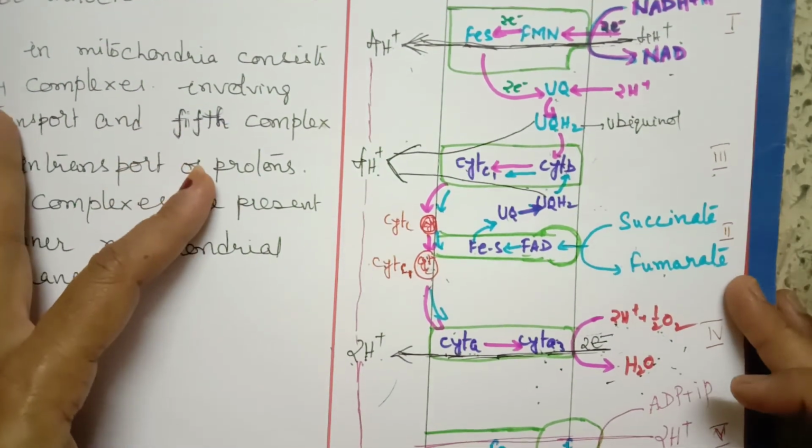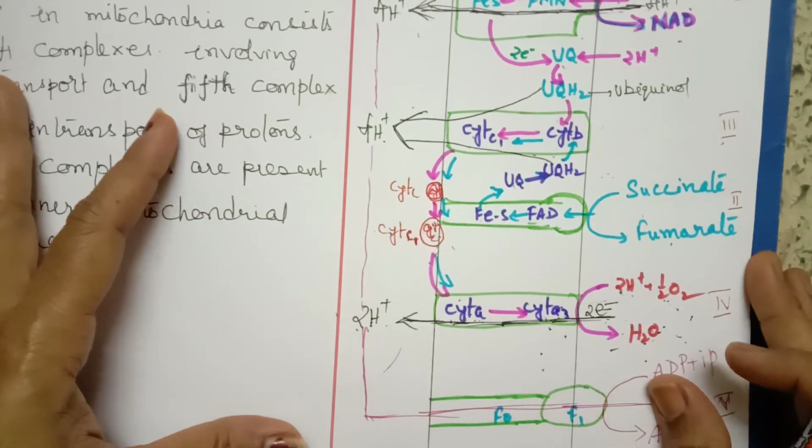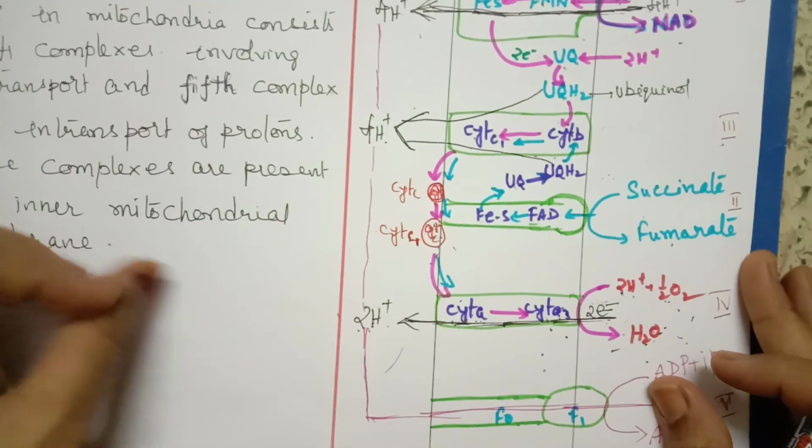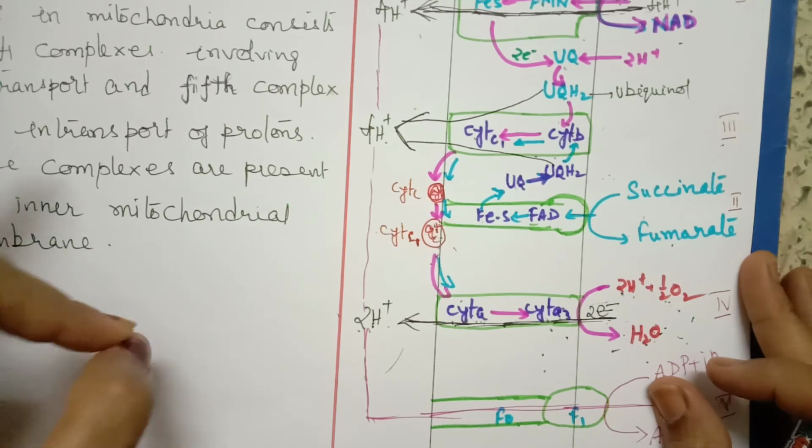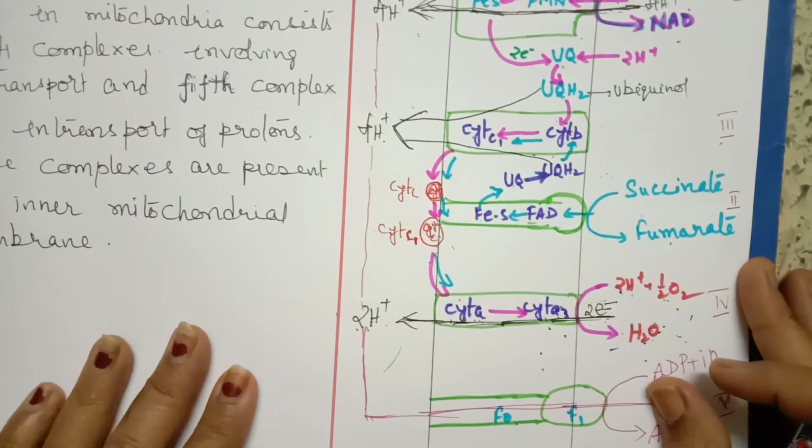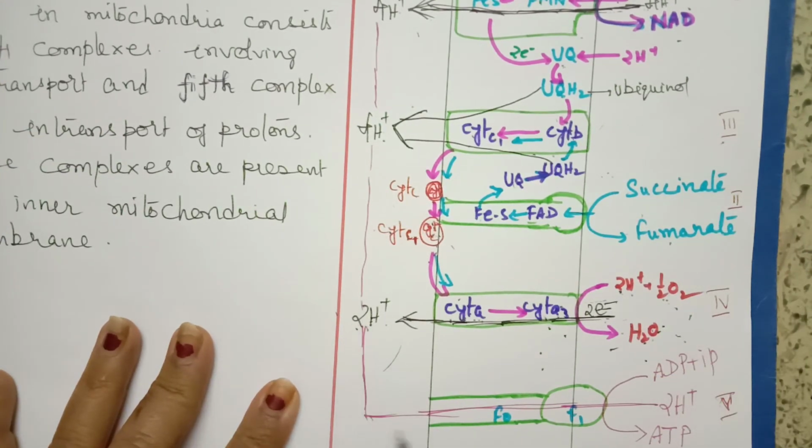Now the protons which are accumulated in the intermembrane space form a proton gradient. And due to breakdown of that proton gradient, there will be formation of ATP. This is what is called oxidative phosphorylation.